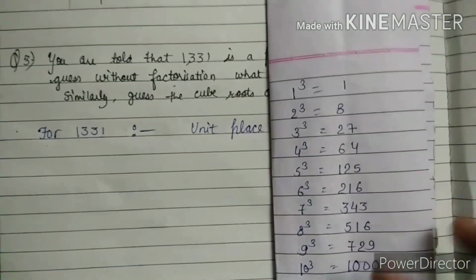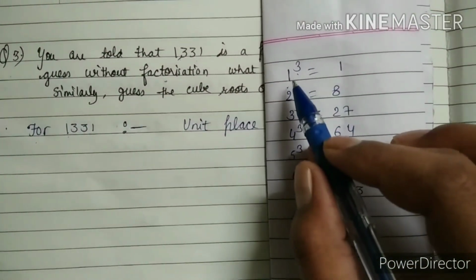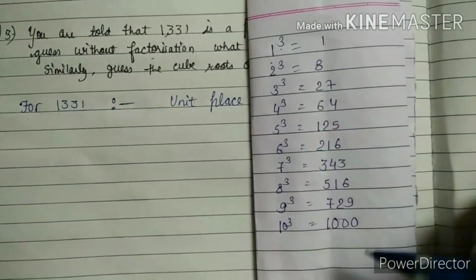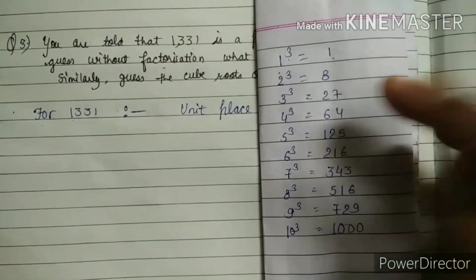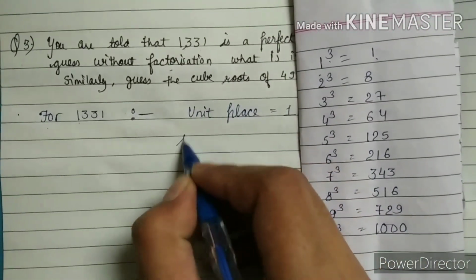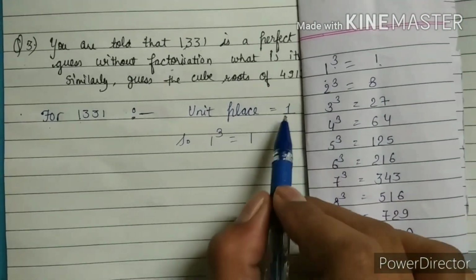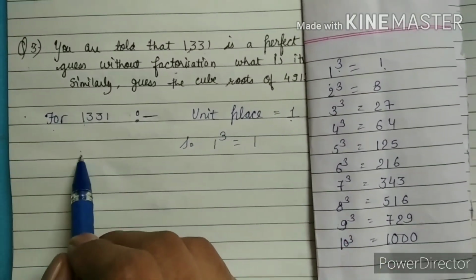In the cube root table we have seen that only 1 cube has the ones place as 1. So this number may be the cube of 11, 21, 31, 41.